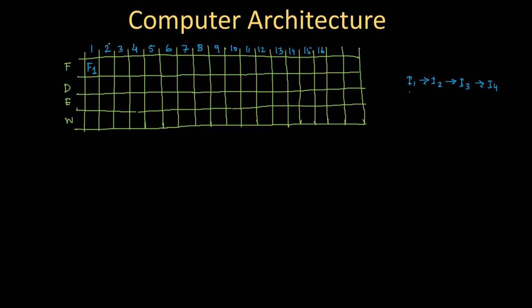So that means in the second clock cycle, decoding of instruction 1 will start, right? Then in the third clock cycle, execution of the instruction 1 will start, and in the fourth clock cycle, write back of the instruction 1 will start, and it will come out from the pipe after writing back the result, right?